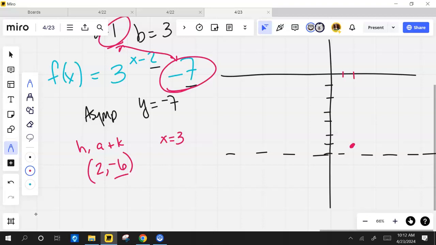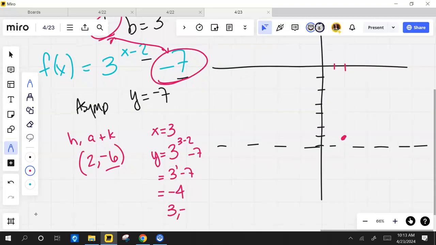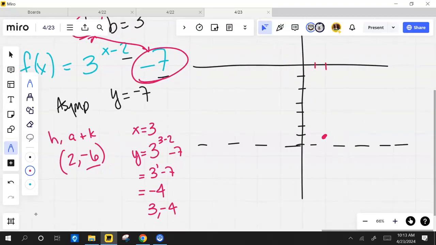Plug it in. So I get 3 to the 3 minus 2, minus 7. What's 3 minus 2? 3 to the first is 3, minus 7 is -4. So what are the coordinates of this point? (3, -4). All you need is 2 points.